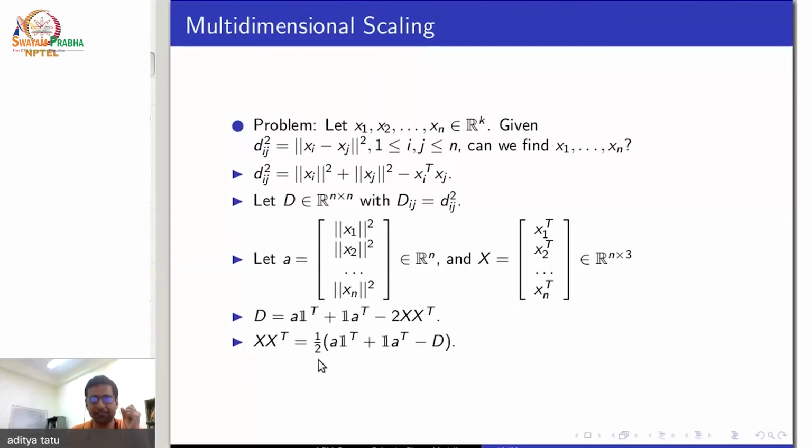I want to factorize this thing into two matrices, one I call X, the other X transpose. So that has well-known solutions. But unfortunately, you look at the right hand side, A itself depends on these unknowns, Xi's.